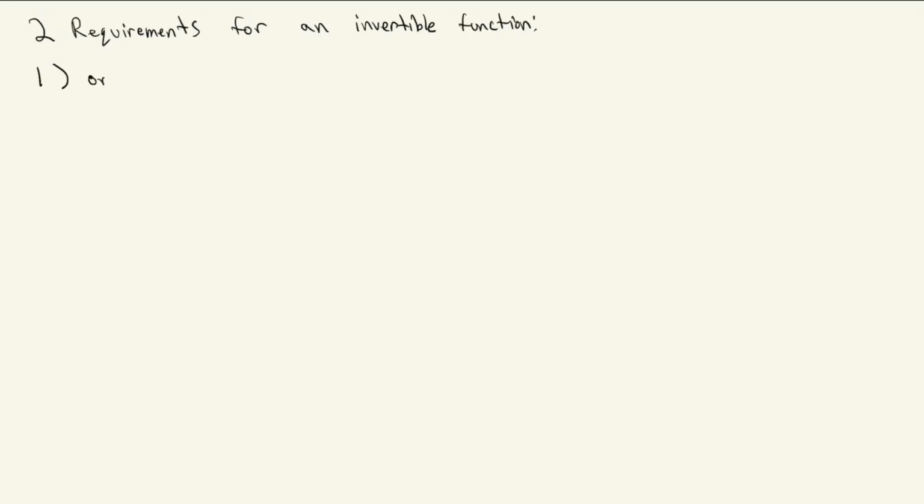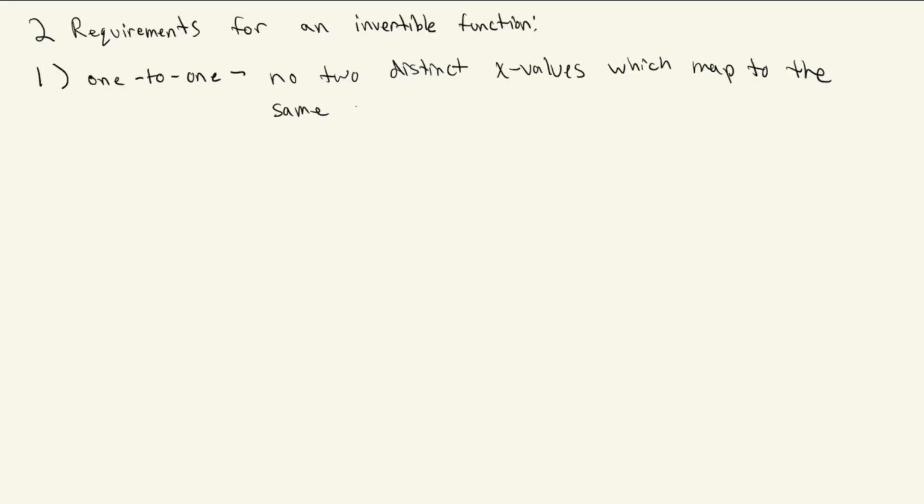The first is that the function has to be something we call one-to-one. And what that really means is that there's no two distinct x values which map to the same y value. And it might help to look at this visually.